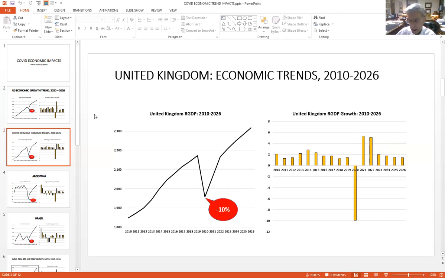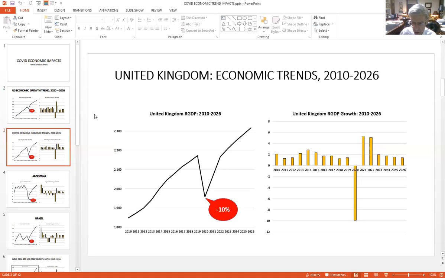And bear in mind, the United Kingdom includes not just England, but also Scotland, Wales, and Ireland, so the United Kingdom is more than just England. If we just had England here, the dip would be steeper still.